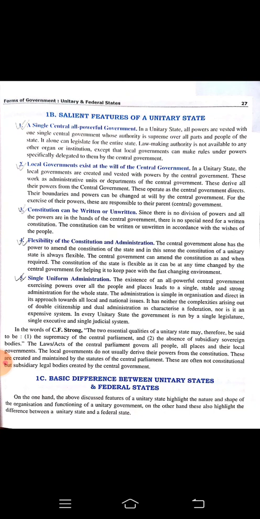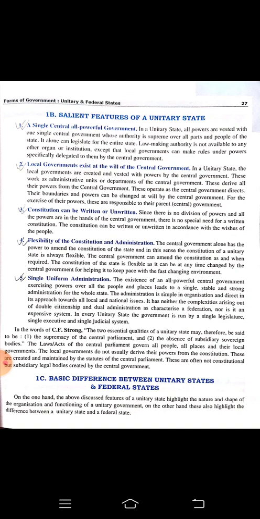In a unitary form of government, the constitution can be written or unwritten. Written constitutions are in a book format, and unwritten constitutions are in the country's practice. Where there is an unwritten constitution, the country is ruled by convention. They follow convention. Convention means whatever has been followed for many years, but it is not in a written format. So in a unitary form of government the constitution can be written or unwritten.